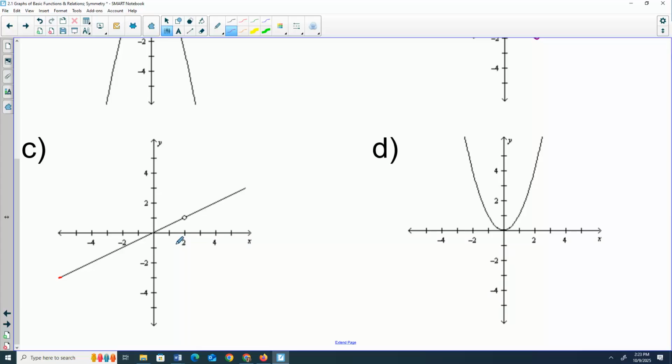Or maybe I should say, where is it not continuous? At 2. So everywhere else. Negative infinity to 2, union, 2 to infinity. D, where is that one continuous? Everywhere. Negative infinity to positive infinity. Okay, so always give me the x values.